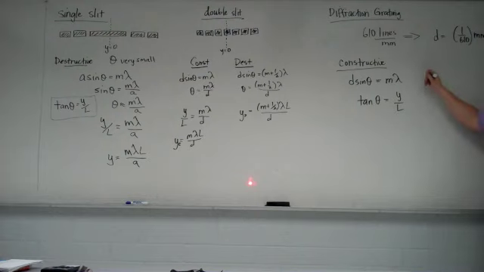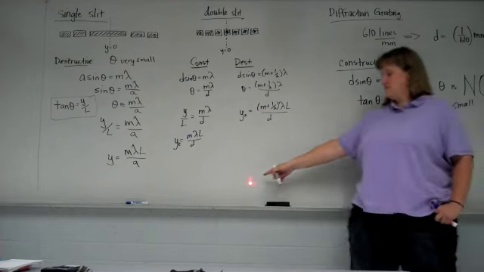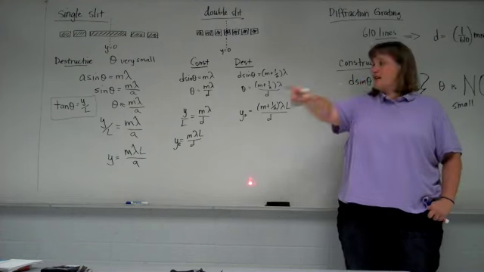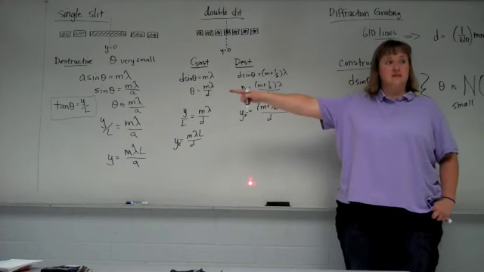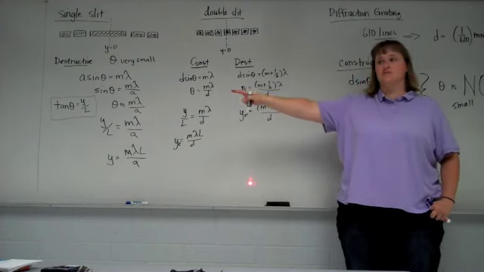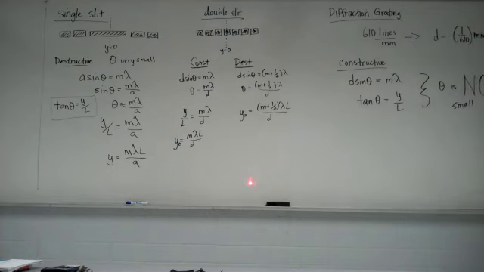Biggest thing: the angles are not small. If you draw a line from that diffraction grating to this dot, and a line from that diffraction grating to that other dot, there's a big angle between the two of them. So what is that going to mean for our equations if theta is not small?